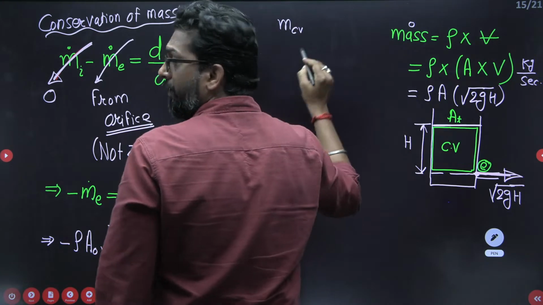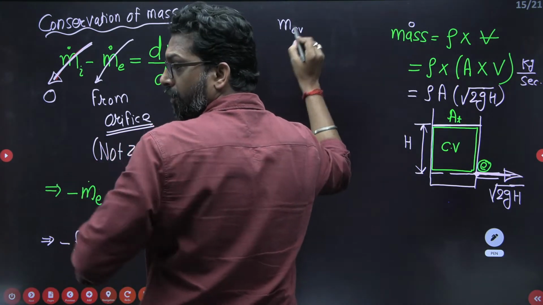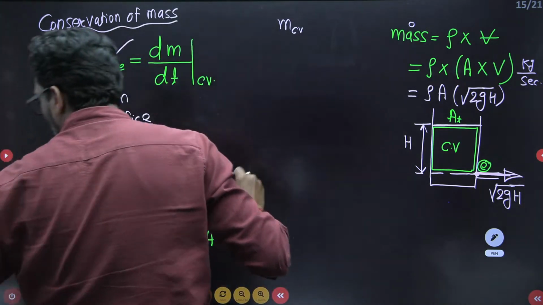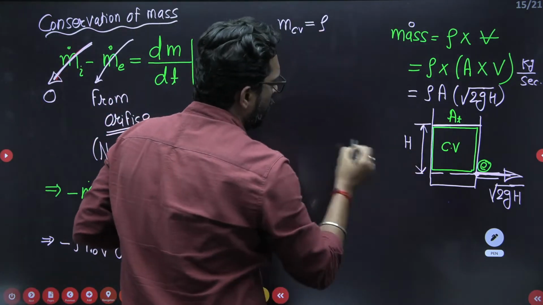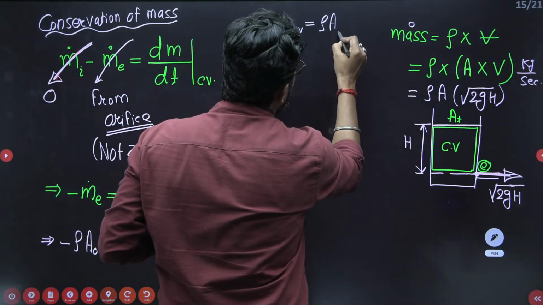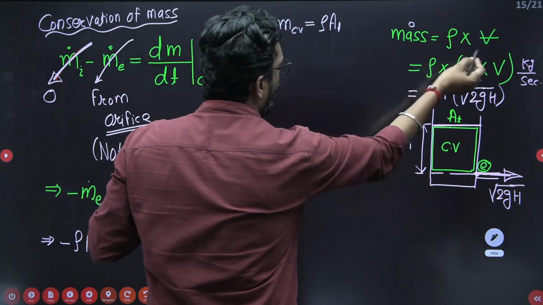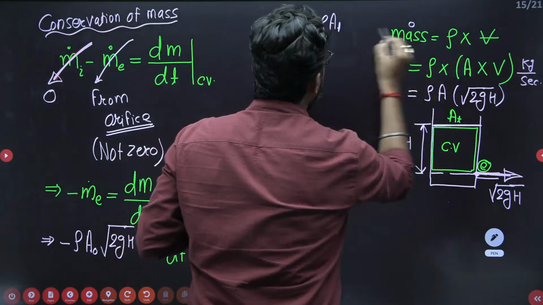What is the mass of a control volume, beta? Rho, area A top, into height, that is the volume.